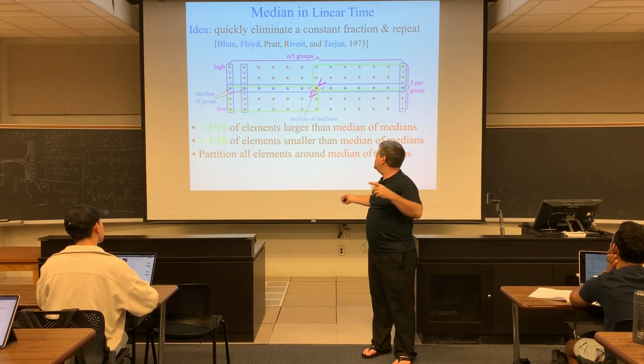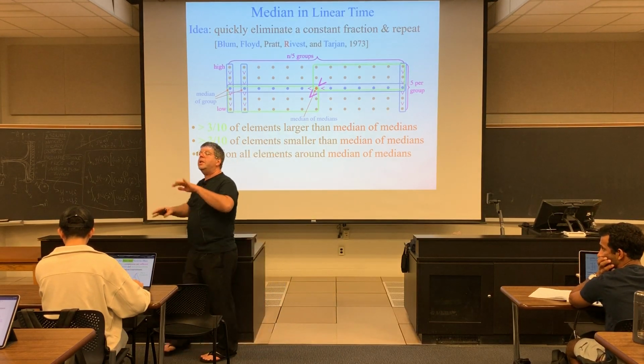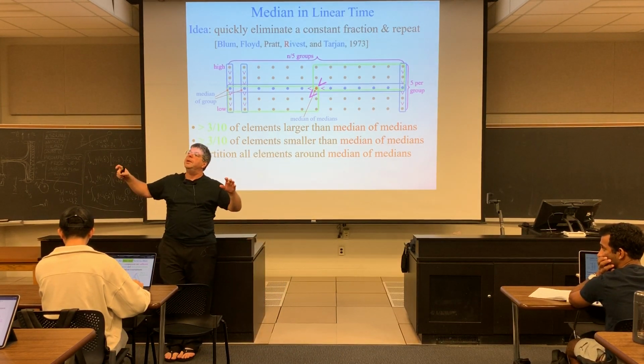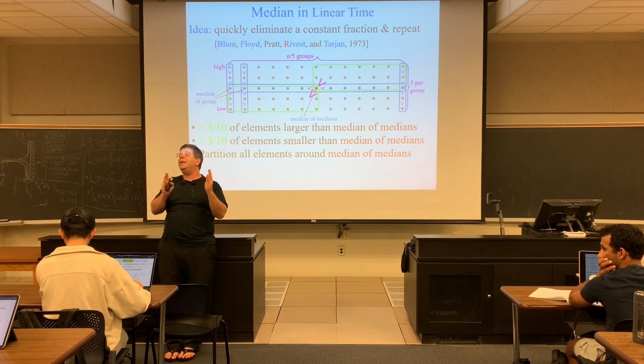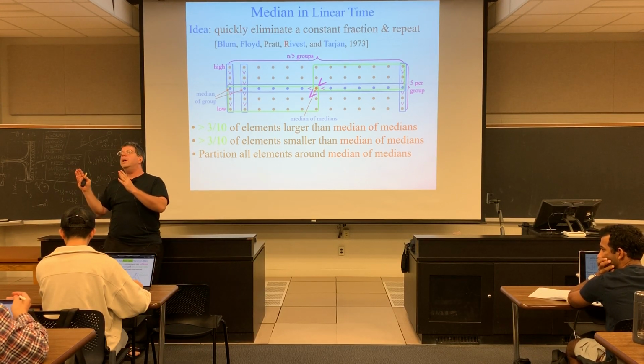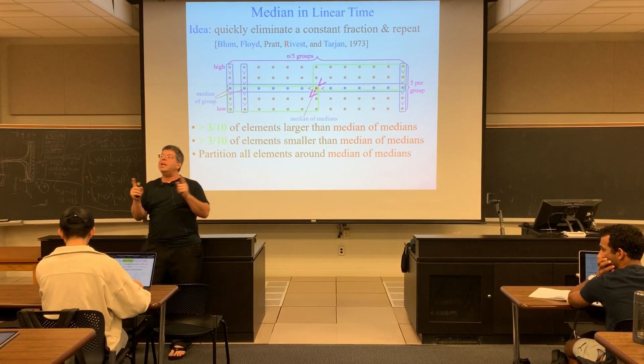This guarantees that 30% are less than it, 30% are greater than it, so it'll never be worse than 30-70. Because if it was 90% to 10%, that 10% can't contain 30%, because it's only 10%. So the smaller portion of the partition must be at least 3/10 of the total. And the larger portion must also be at least 3/10 of the total, which means that the partition cannot be too skewed.